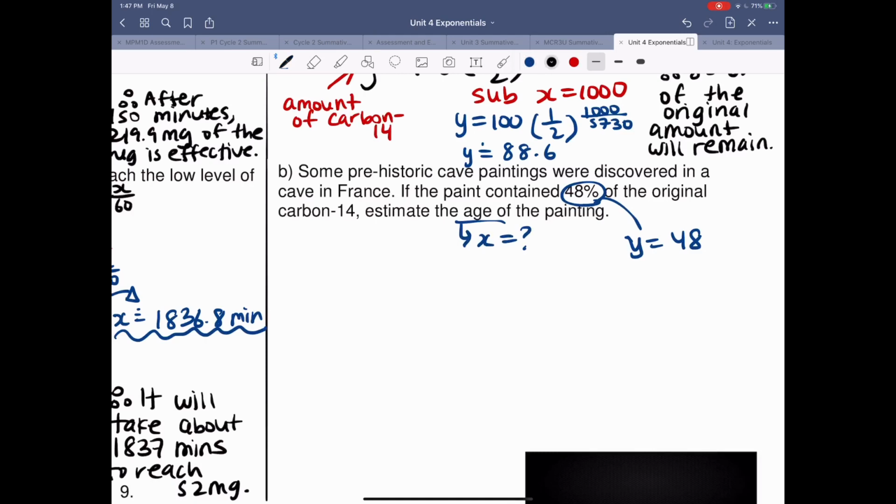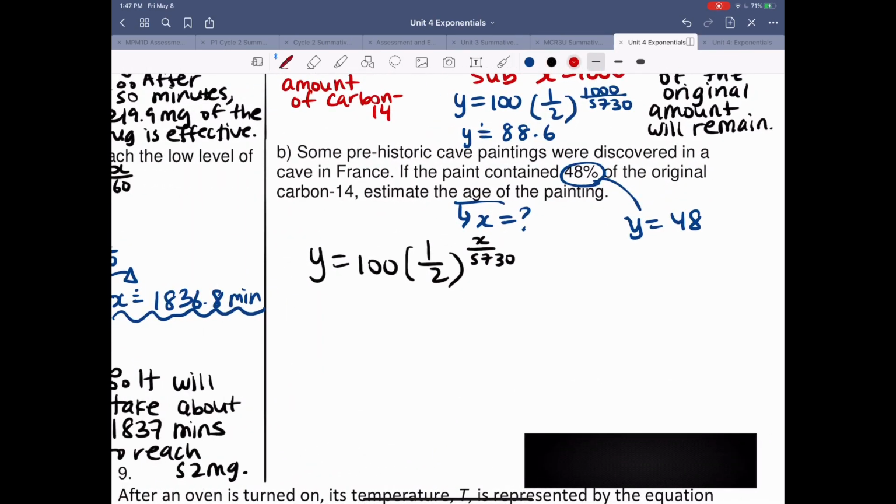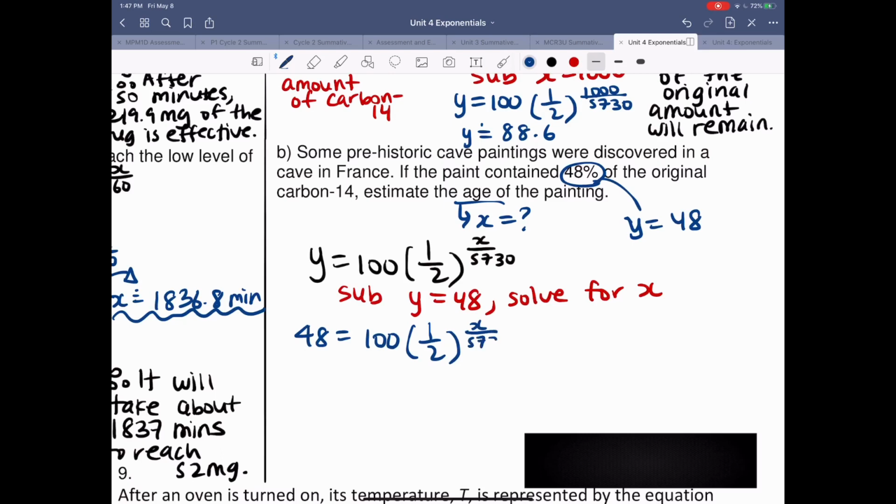And so I have my original equation, which is y equals 100 bracket a half to the exponent x over 5,730 from before. And I'm going to sub y equals 48 this time and solve for x. So I have 48 is equal to 100 bracket a half to the x over 5,730.